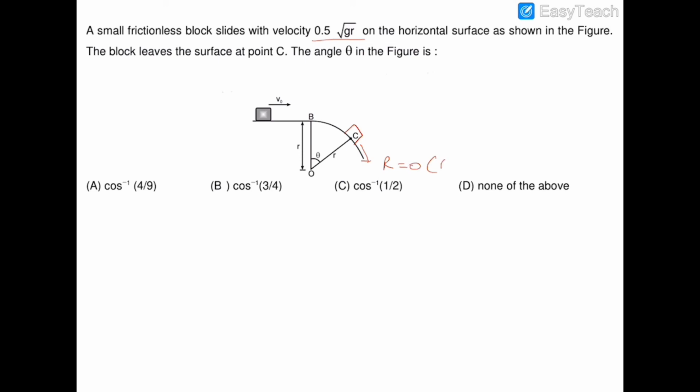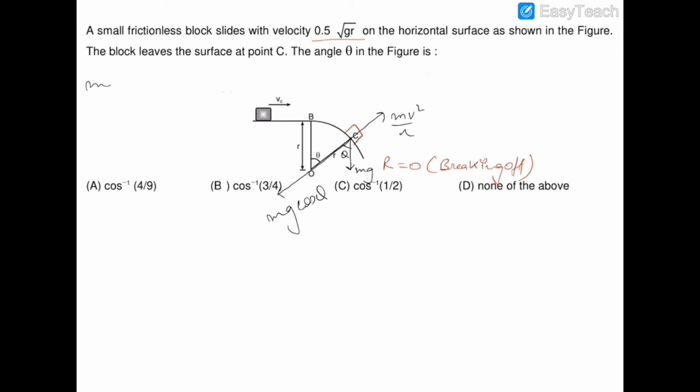Now at this point C, if the block breaks off, so R will be 0. This is the breaking off, which means the contact will not be there and the normal reaction will be 0. Now therefore the mg will be acting in the downward direction and this force will be mg cos theta, this angle will be theta, and this mg cos theta will be balanced by mv square by r.